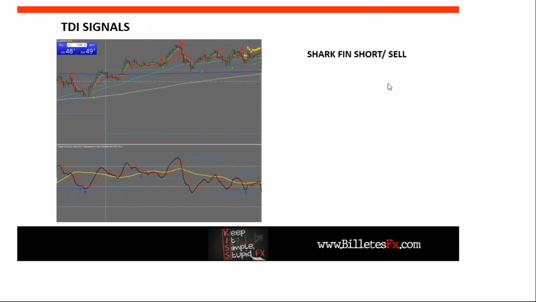Okay. Look at this. This is one of the setups right here. We call this shark fin short, sell. When we're looking to sell, this is what I'm looking for. Consolidation, stop hunt is the false move against the real intentions.